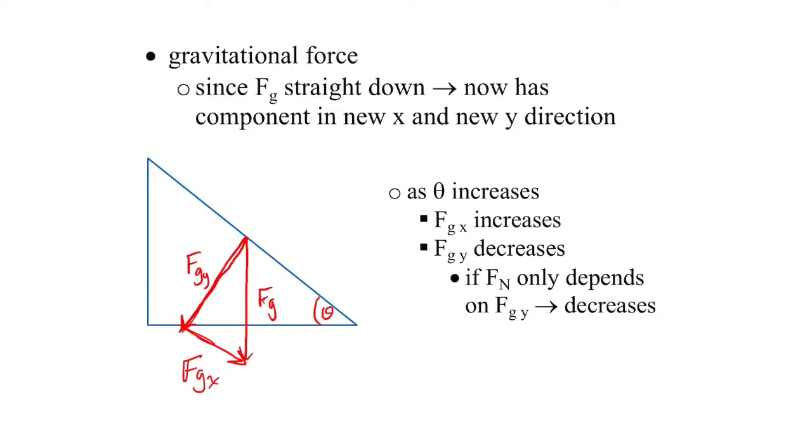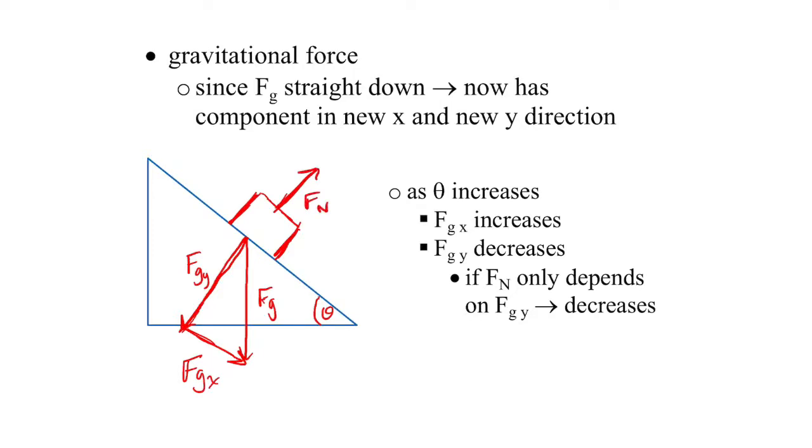And then we know, of course, normal force is what's equal and opposite to gravitational force. But in this case, normal force would be going straight perpendicular. So therefore, normal force is going to change with that gravitational force. Because say that's my box or whatever, then my normal force is also perpendicular here.